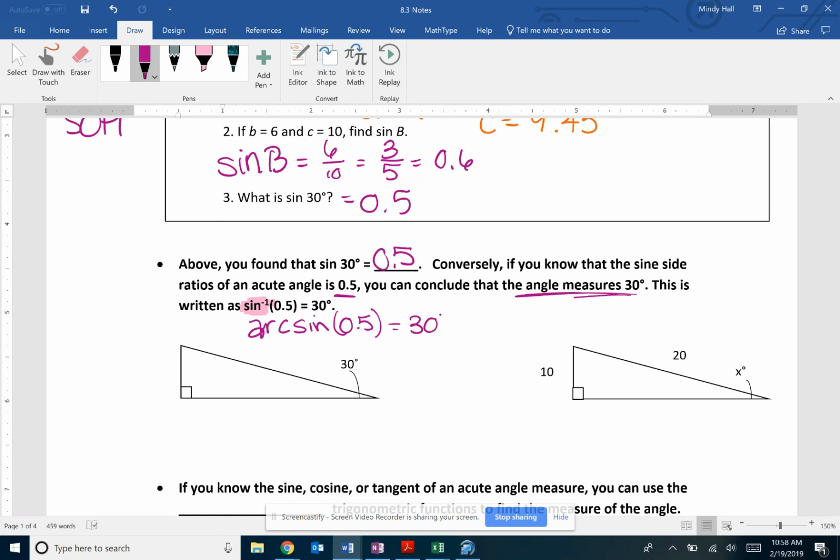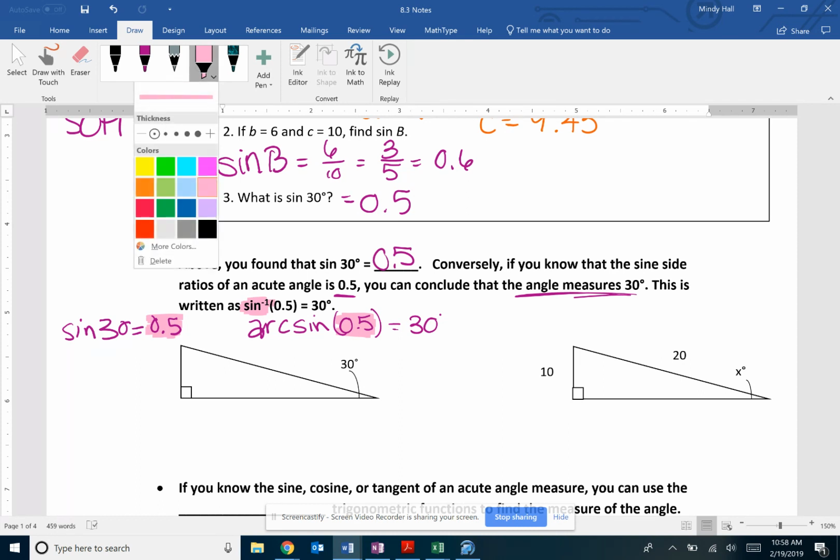If you notice, when you compare them, you have sine 30 equals 0.5. The ratio changes its position. So instead of being sine of something equals 0.5, now it's arcsine of 0.5 equals 30.